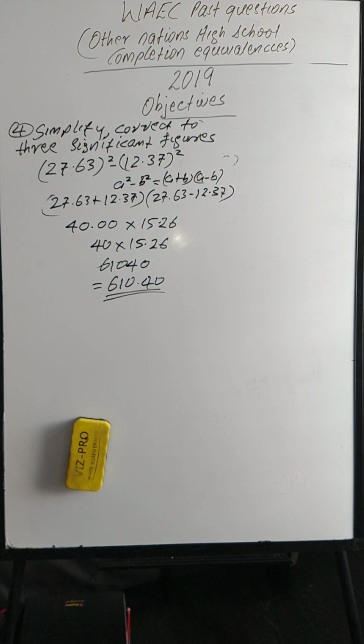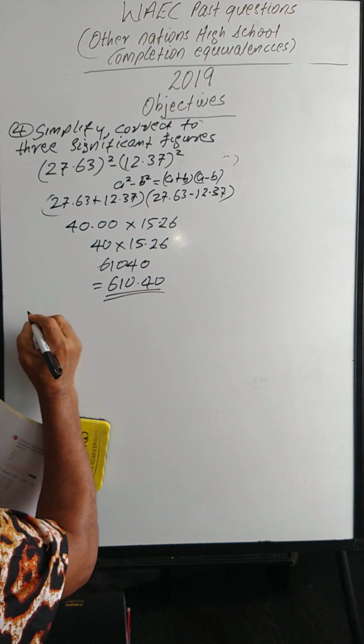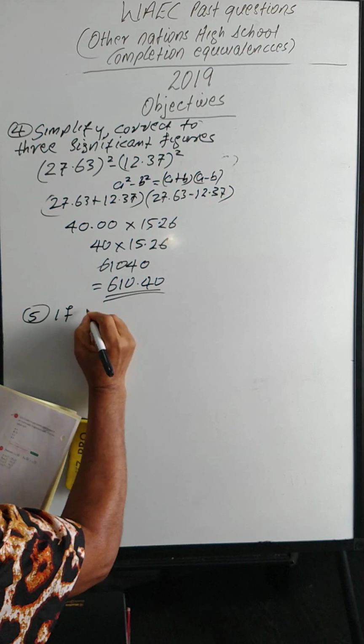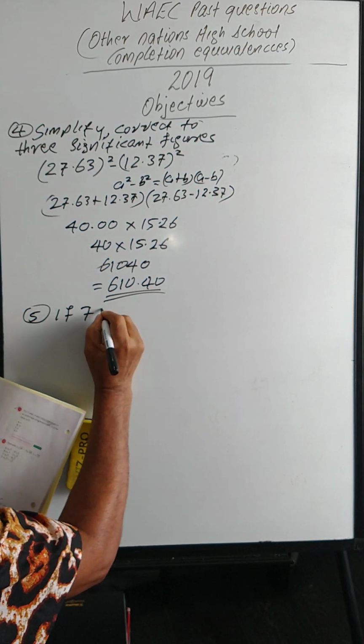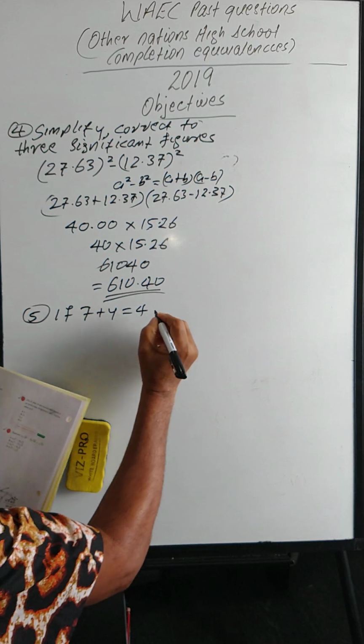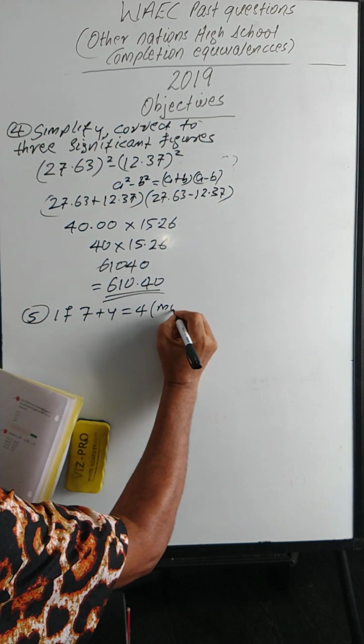I hope you're following. We now go to number 5 of this very question. Number 5. We expected in number 5 to solve this. And that is mod 8: 7 plus y is equal to 4 or 8.